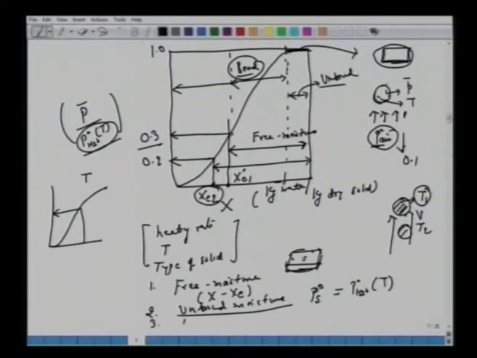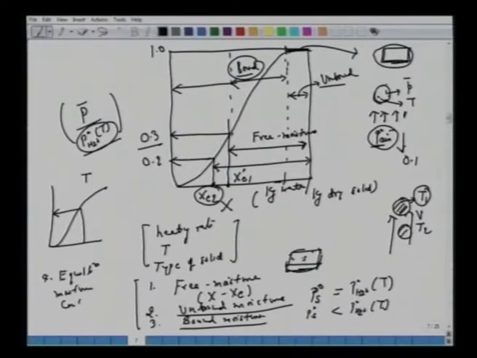And third, we are talking of bound moisture. When we say bound moisture, the vapor pressure at the solid surface is now smaller than the vapor pressure of pure water. Of course, we have talked of equilibrium moisture content, Xc. So we'll come back to this again.